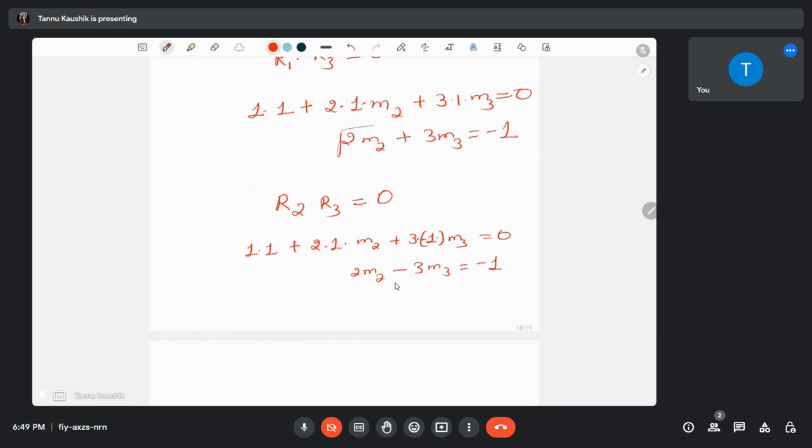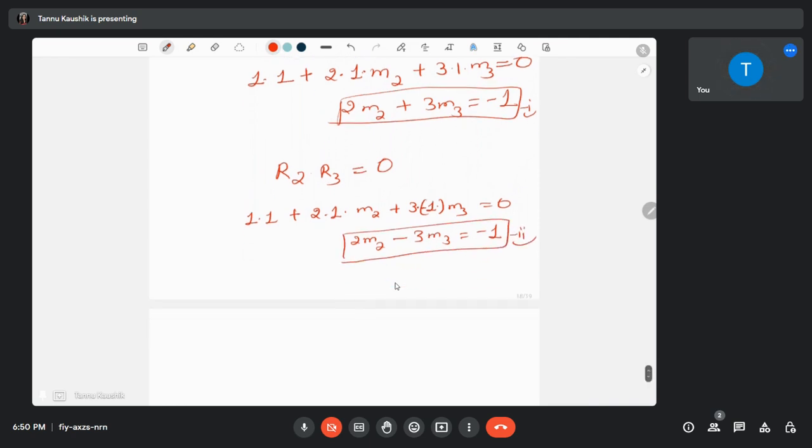So solving these two equations, first and second, we will get 4M2 equal to minus 2.